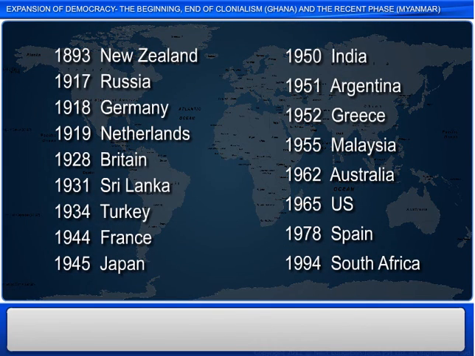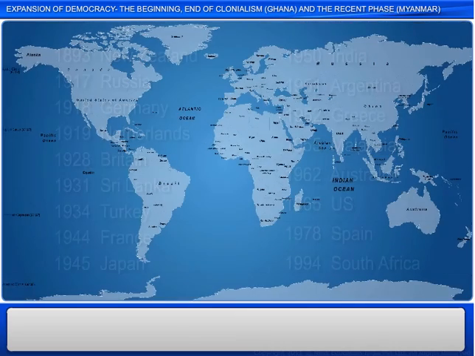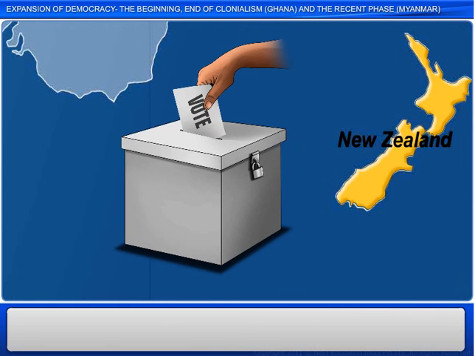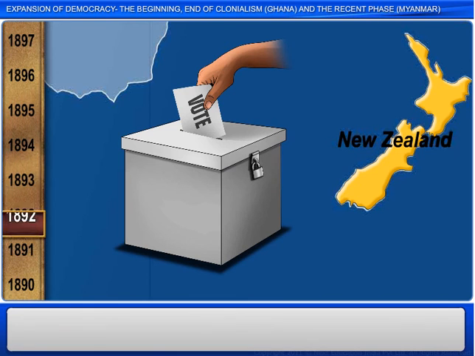Observe the screen to see when universal suffrage was granted in various parts of the world. The earliest example of universal suffrage was New Zealand, where every adult had voting right by the year 1893.